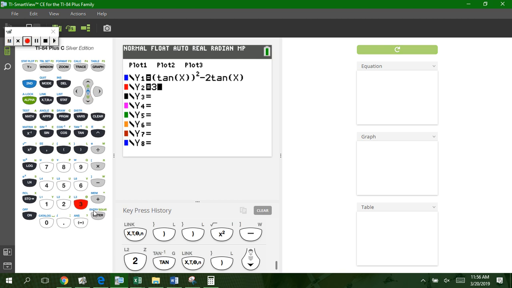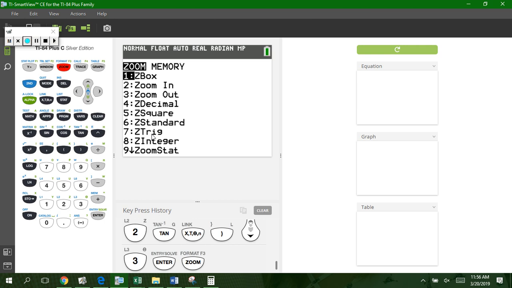On the next line. And then notice, guys, the things that I want you guys to look at is zoom. I want you to do zoom trig. Because we're in trig stuff, aren't we? It'll make it a lot prettier graph.